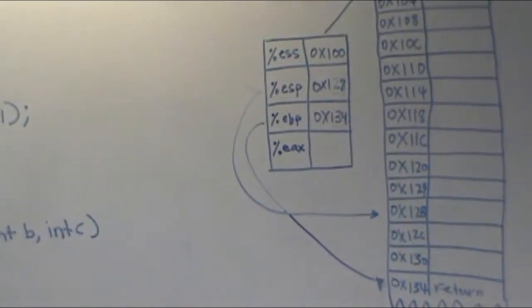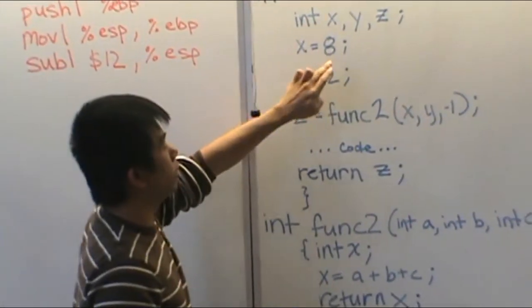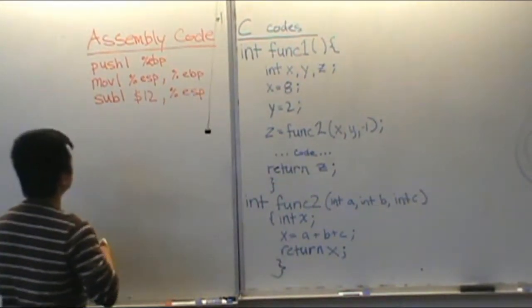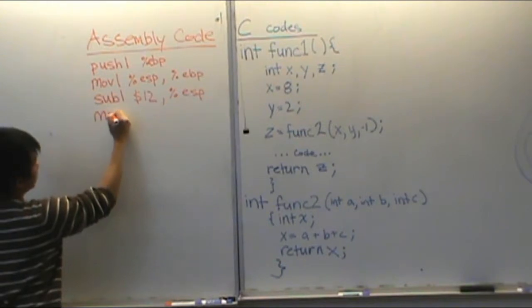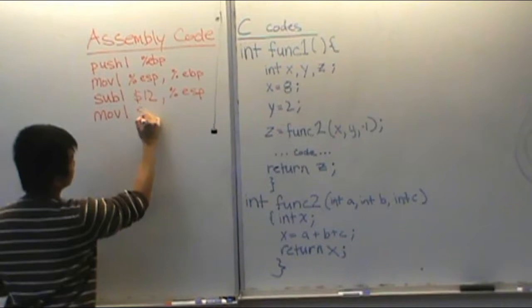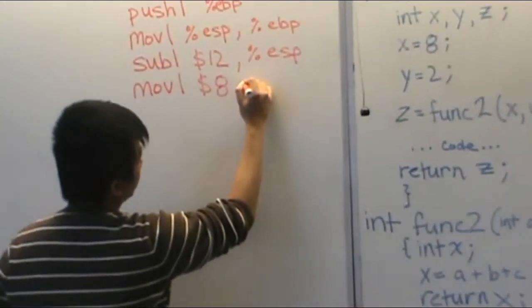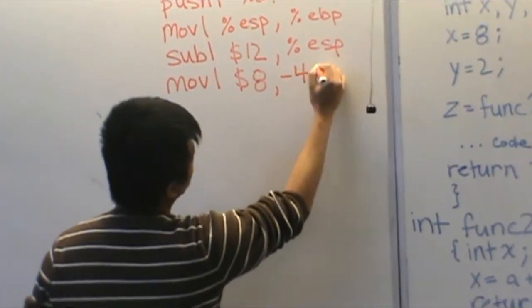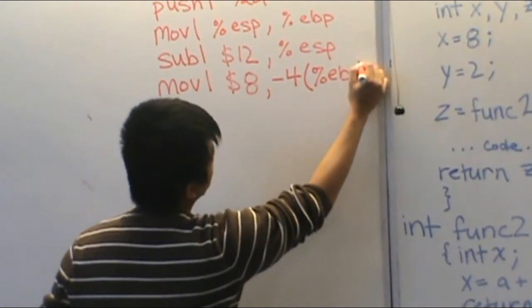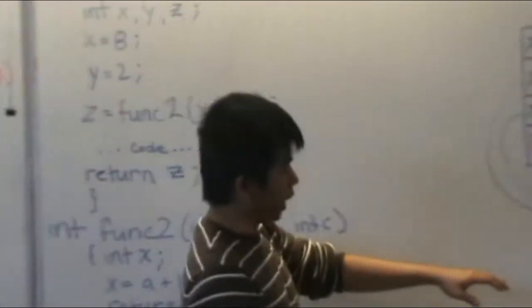Next is the x equals 8 line. So we have to store the value of 8 to x. This can be done using the move command. movl $8, -4(%ebp).